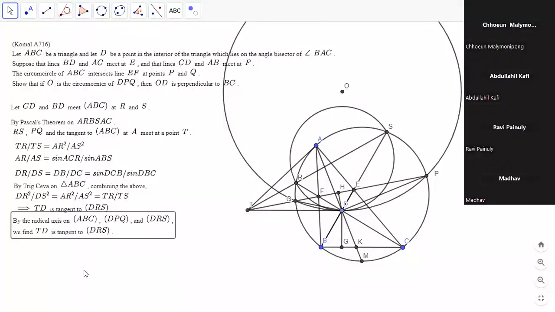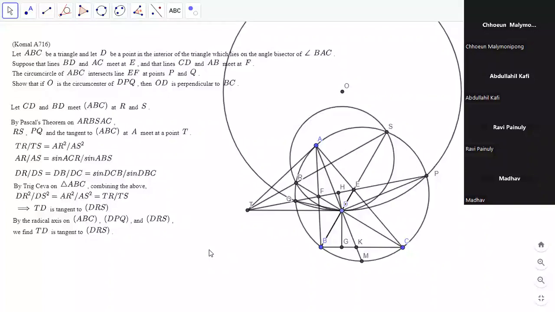So let's think about that. After that, OD is perpendicular to DT, so we're done. Sorry, say that one more time, repeat it.